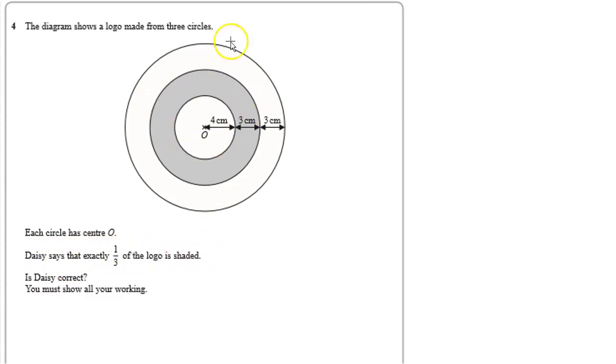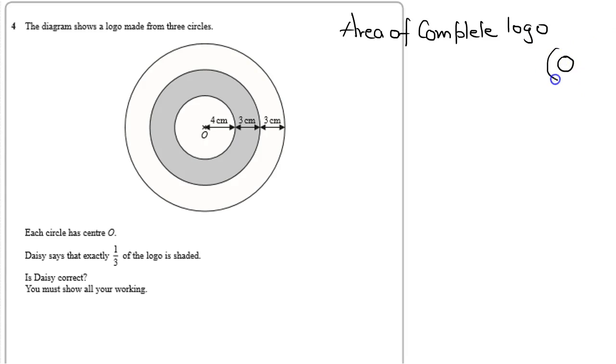So we have to find the area of the complete logo. The complete logo is made of 3 circles, 1, 2 and 3.